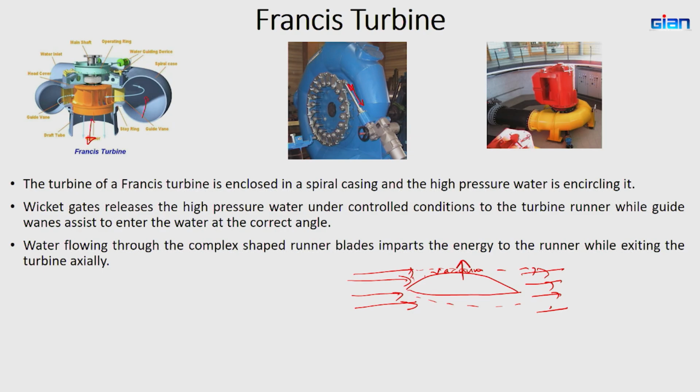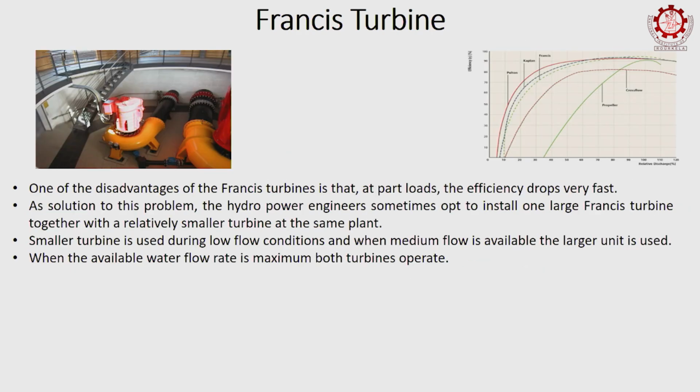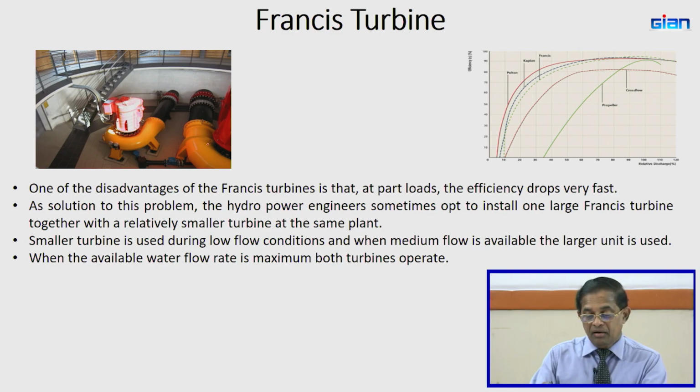But in this hydropower business, we have to consider the efficiency curve suitably. Here you have a picture, here you can see this is a smaller turbine, this is a bigger turbine. So, the smaller one runs when the flow is low, the other one runs when the flow is high.